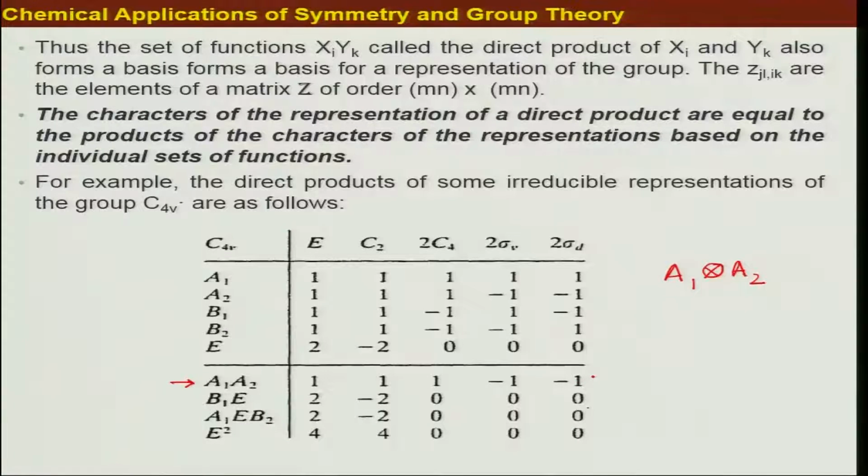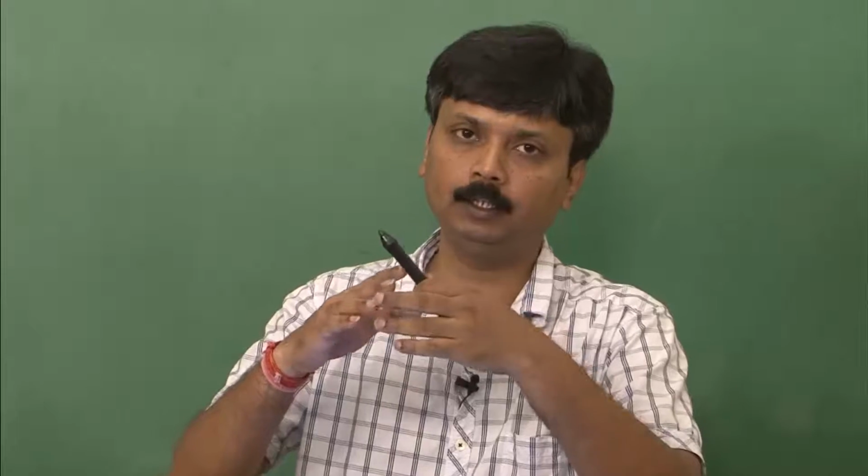If you combine one particular irreducible representation with the E representation, you get the corresponding direct product as given here, like B1 and E. You can take any point group, find the character table, and combine any two irreducible representations by taking their direct product.